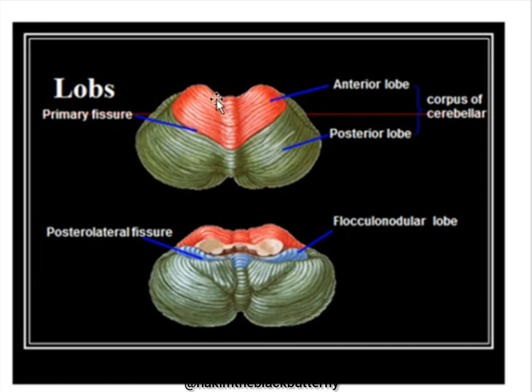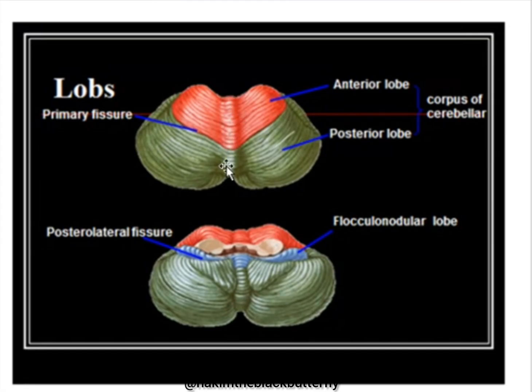As you can see, part of the vermis is in the anterior lobe, part of it is in the posterior lobe, and part of it is in the flocculonodular lobe. Those are the anatomical lobes of the cerebellum.